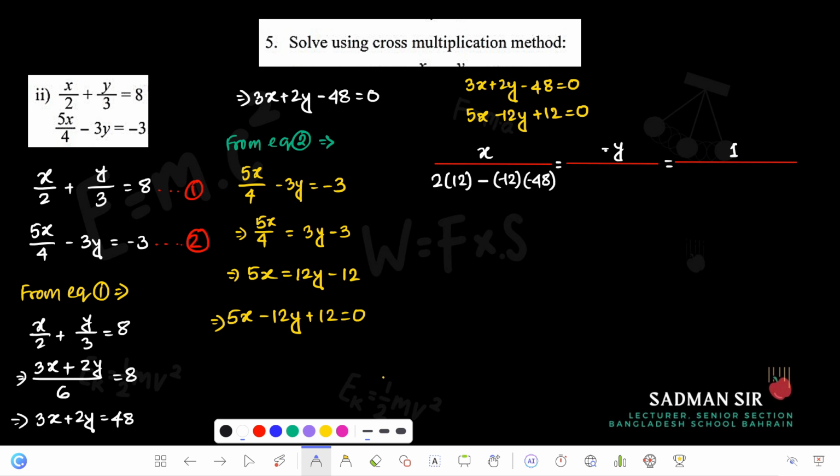Minus 48. So for minus y, the calculation will be 3 into 12 minus 5 into minus 48. 3 into minus 12.